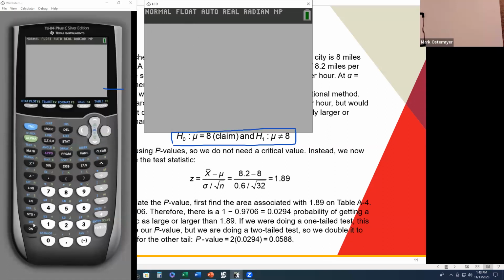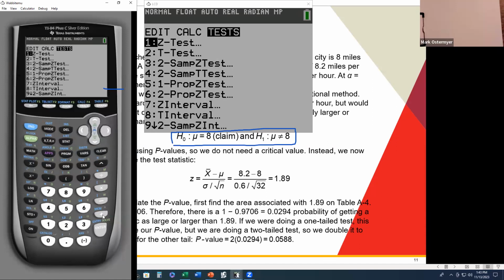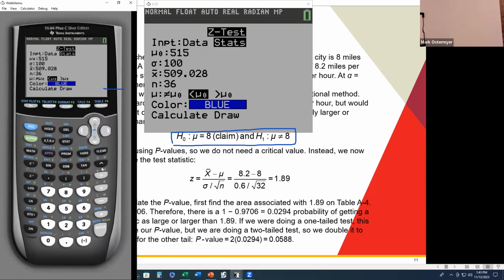We're just going to go to stat, tests, z-test, and we already have sample stats computed. The population mean wind speed under the null hypothesis statement, or the claim, is 8 miles per hour. Population standard deviation wind speed is 0.6 miles per hour.